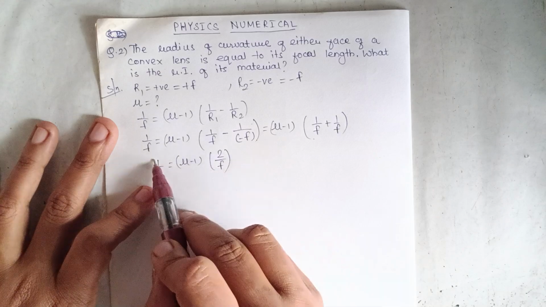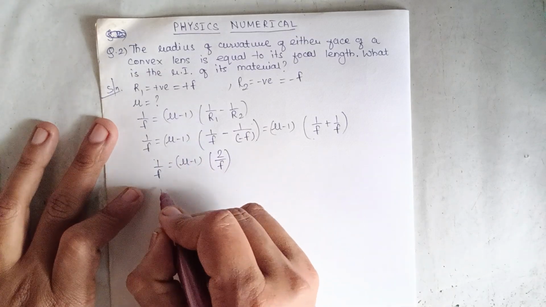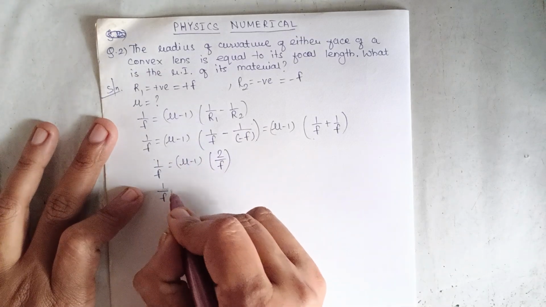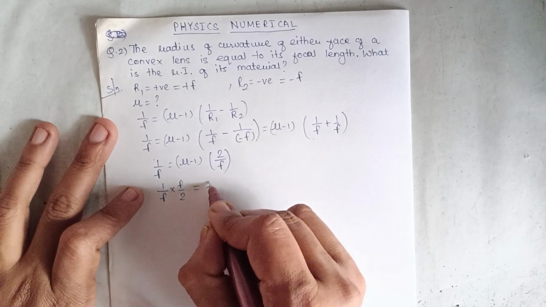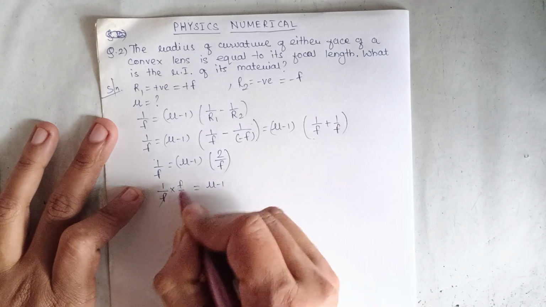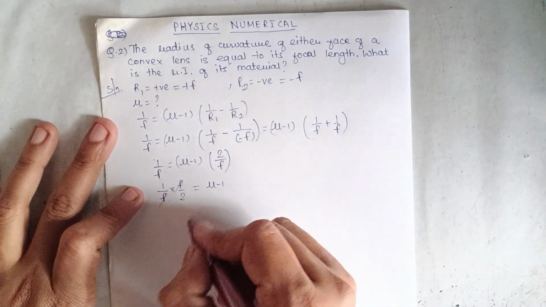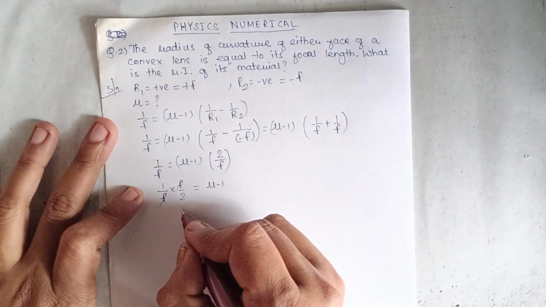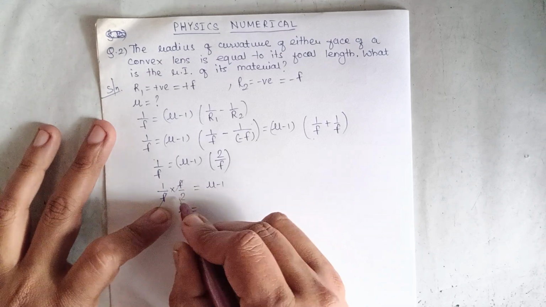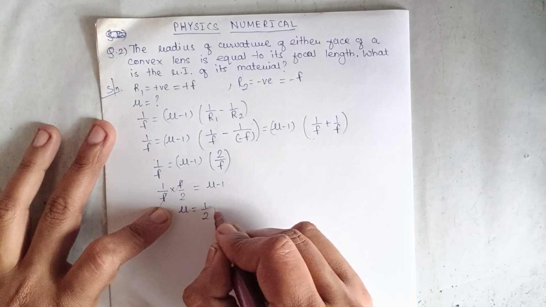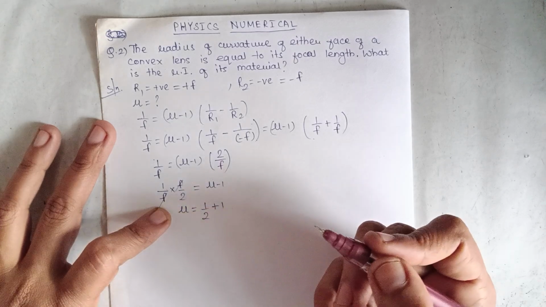You can take this side, so it will be 1 upon f into 2, so mu equals, with 1 going that side, positive plus 1.